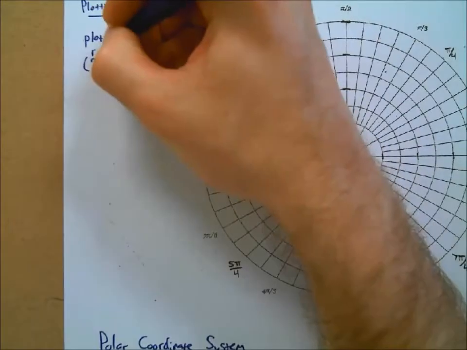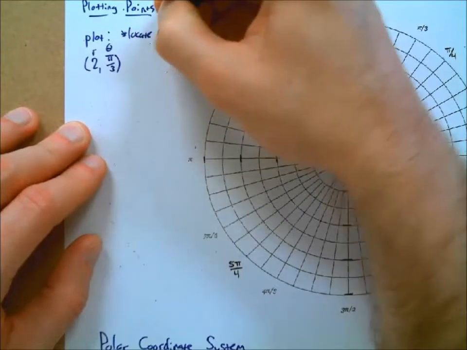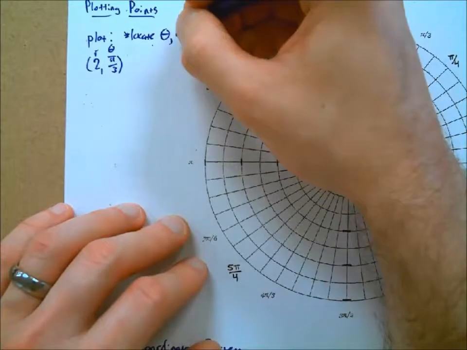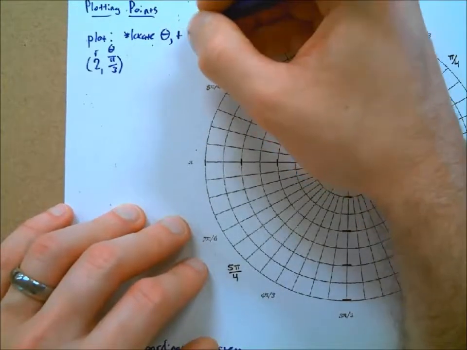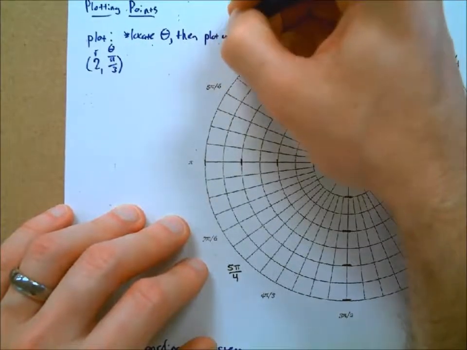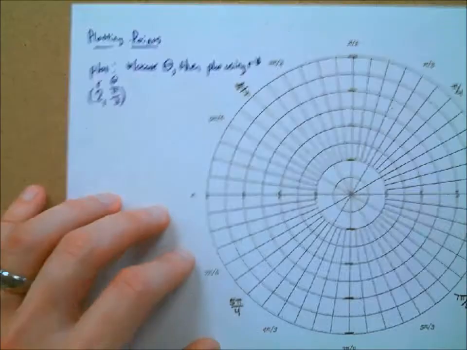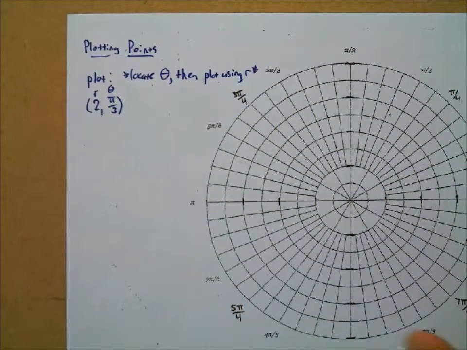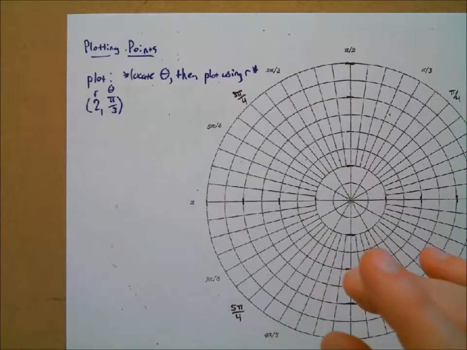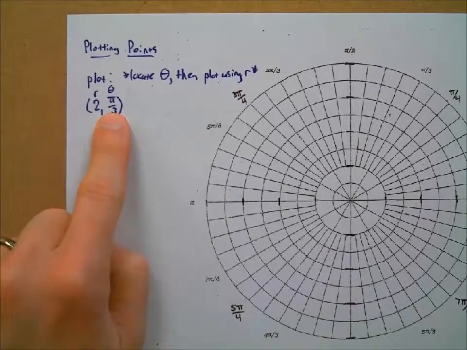And I would recommend that you first locate theta, then plot using r. Like what I mean by that is, locate pi over 3 first, then go 2 in that direction.